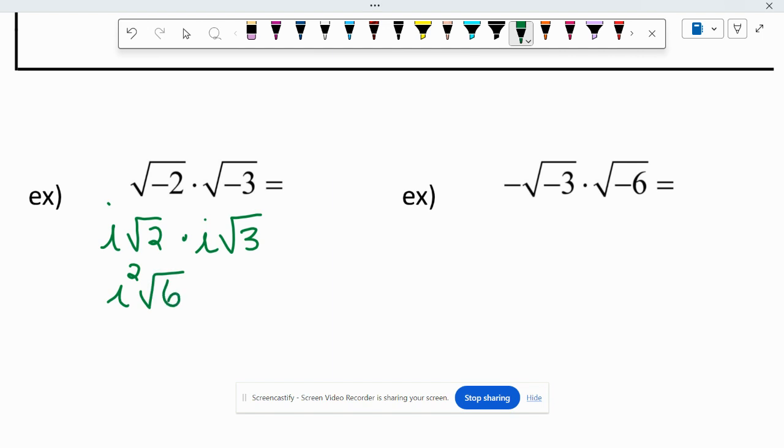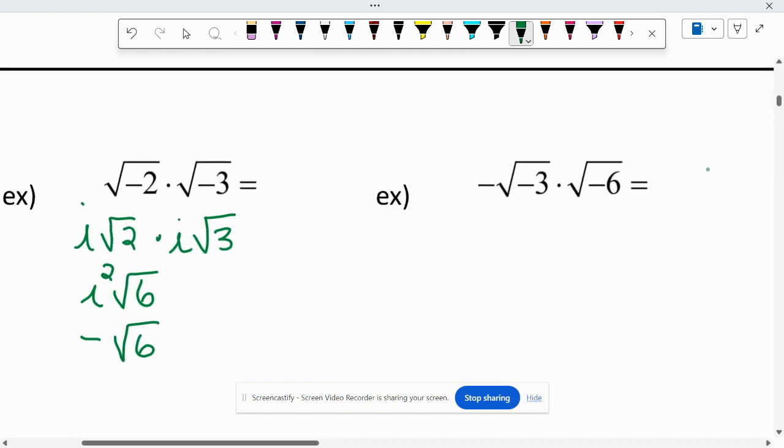So i squared times the square root of 6. But what is i squared? So it really is negative square root of 6. Okay. Are we thinking about it?